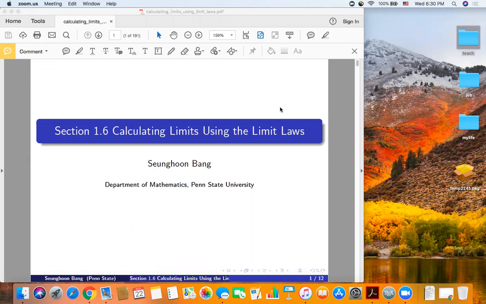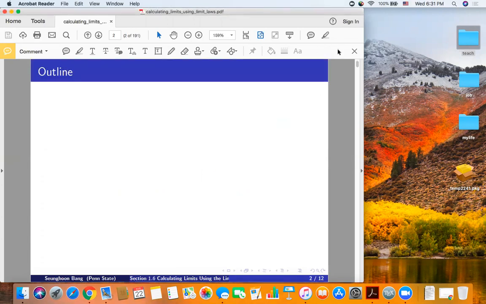So let me see. Today I want to talk about section 1.6, calculating limits using the limit laws. This is the outline. First, I want to talk about the limit laws.